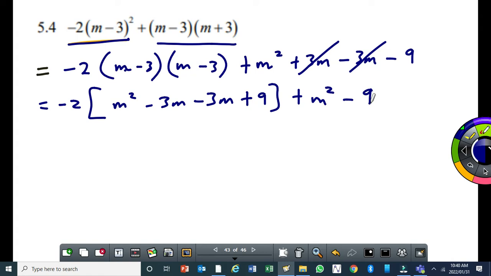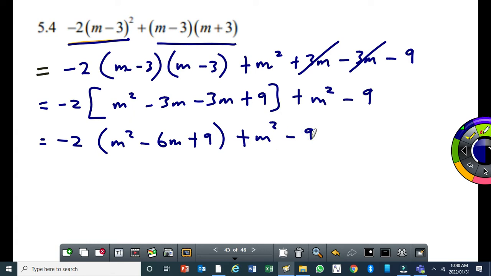Right? Now inside the square bracket, we have minus 3m minus 3m is equal to what? Minus 6m. So we end up having minus 2 times m squared minus 6m plus 9, plus m squared minus 9. Alright?